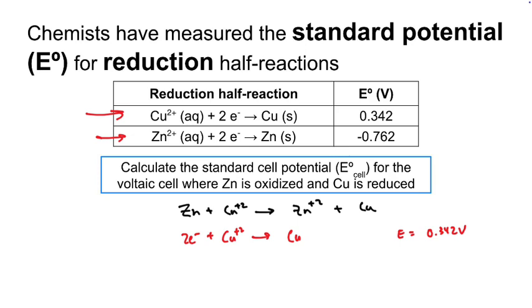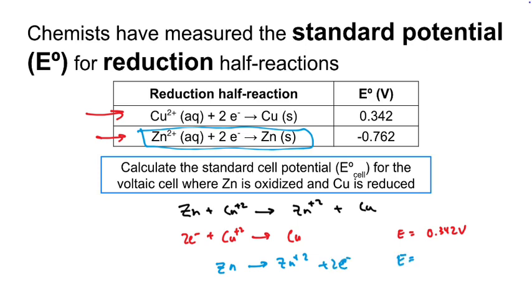Right, where's my zinc? Our zinc is on the reactant side in our overall equation, but it's on the product side in the given equation. So what do we have to do? We would have to flip the equation. And if we flip the equation, you flip the sign.